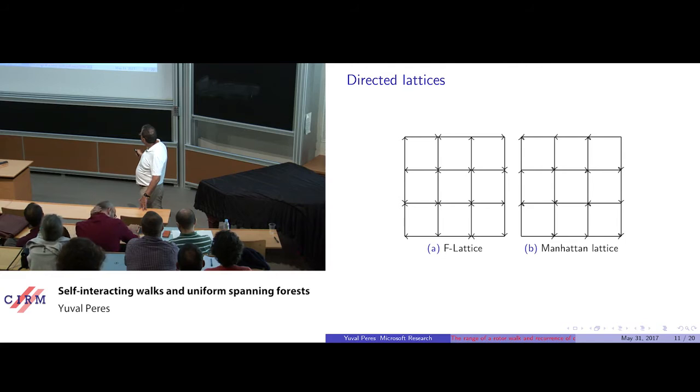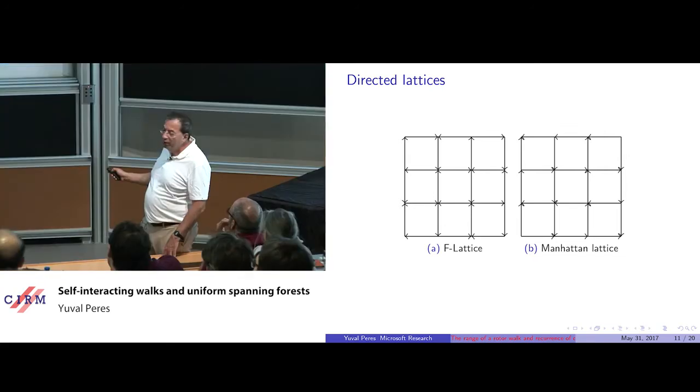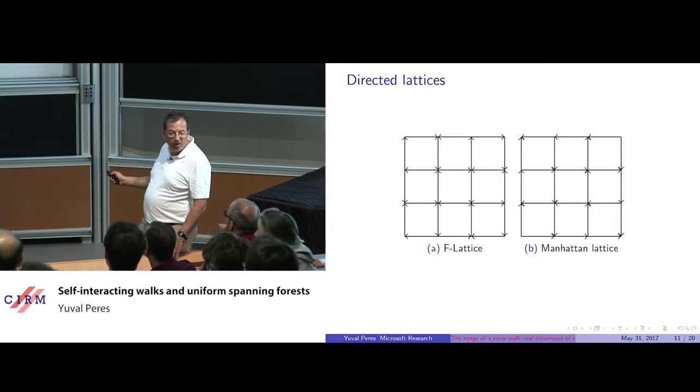The one on its left has two horizontal edges going in, and so on. The odd and even vertices have different directions of the incoming and outgoing edges. Every node has exactly two edges going in and two edges going out, but then they alternate between being vertical and horizontal. So that's the F lattice.